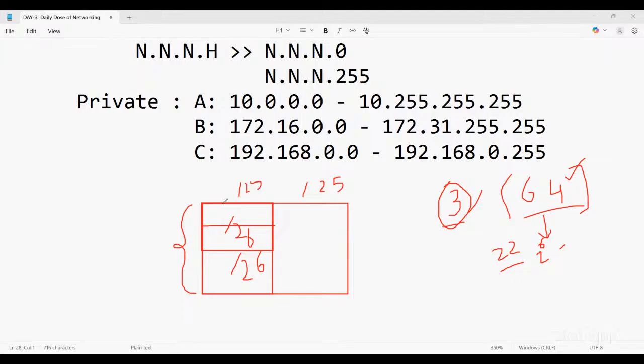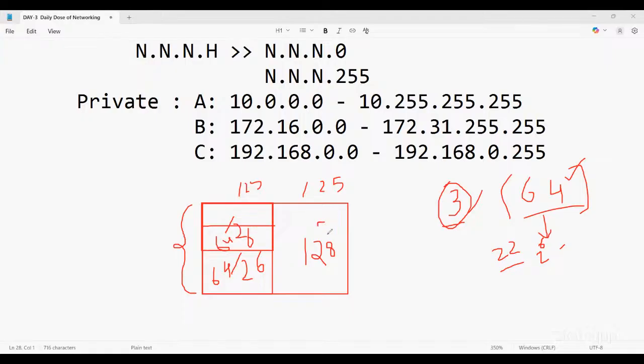Or otherwise, what will be the scene here? You can have 128 IPs in this case if your IPs are variable, and then 64 IPs can come over here and 64 IPs can come over here. This is also one way of achieving it. But again, I'm saying it depends upon your requirement.